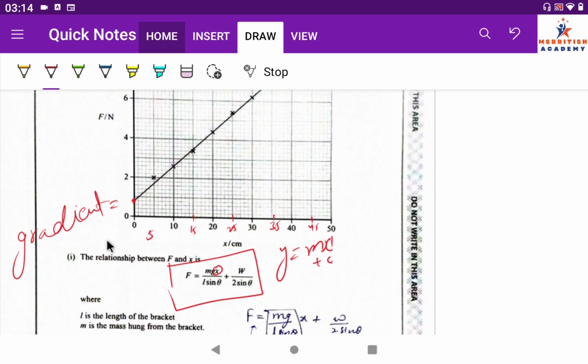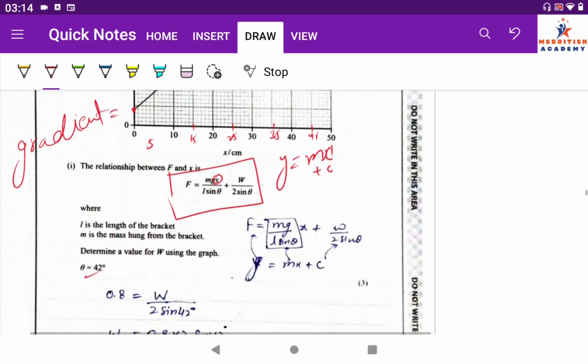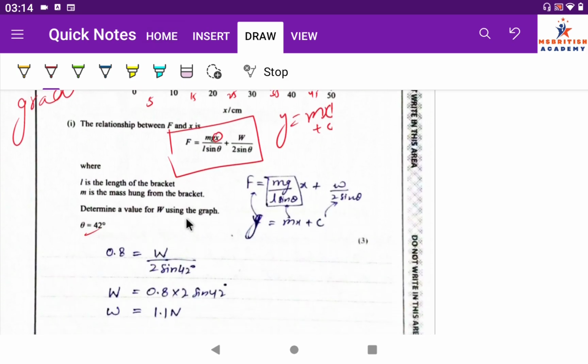But from the gradient you can't get W, so you will use the c formula as W by 2 sine theta. The c value is 0.8, equal to W divided by 2 sine 42, because theta is 42. After using a calculator you will get W equal to 1.1 newton.